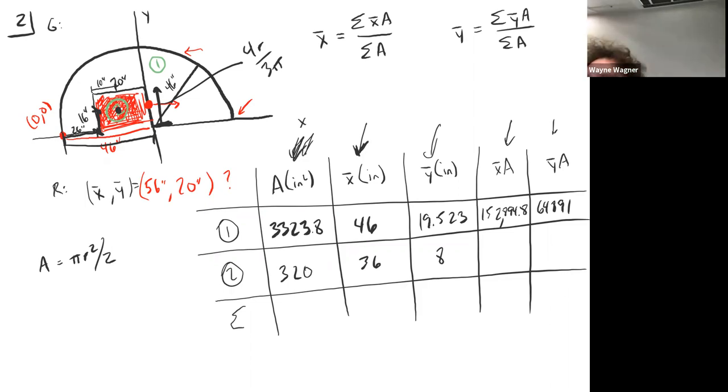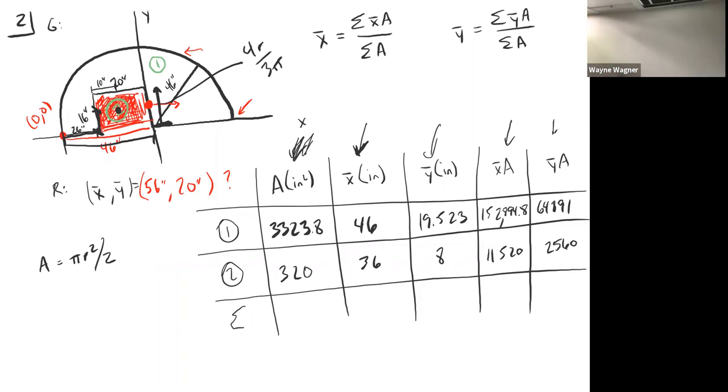Okay, so let's see here. X bar is 36 times 320 equals 11,520. And then the Y bar A is going to be 8 times 320, 2560, excuse me. Okay, like that.